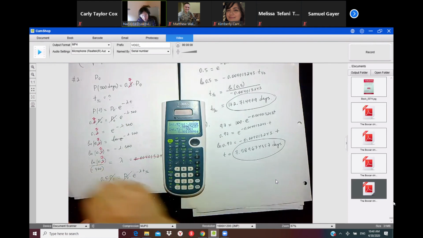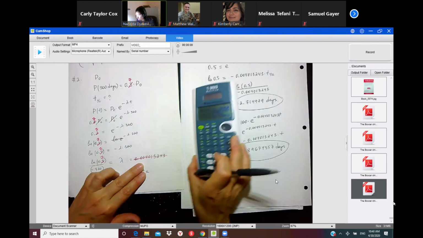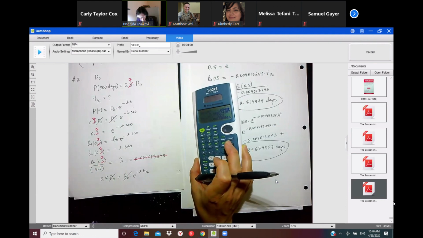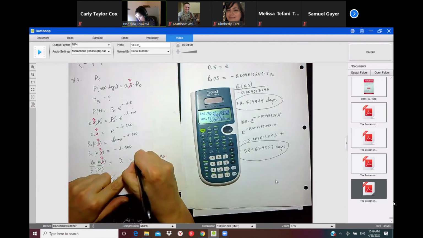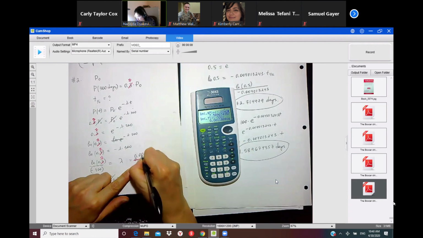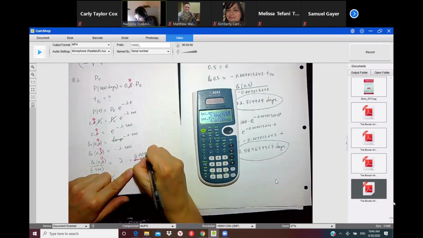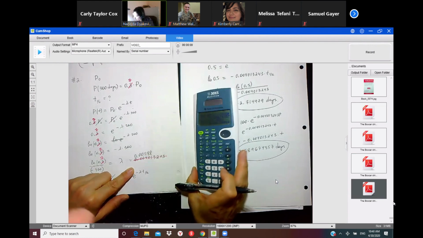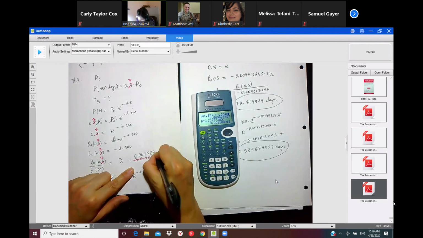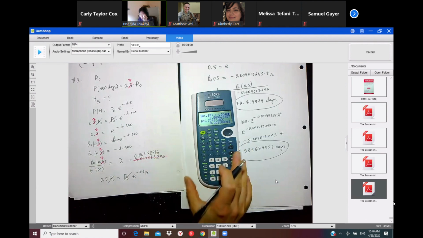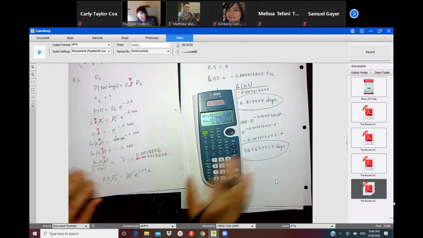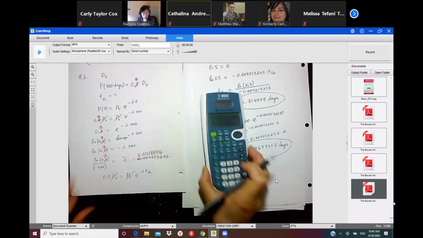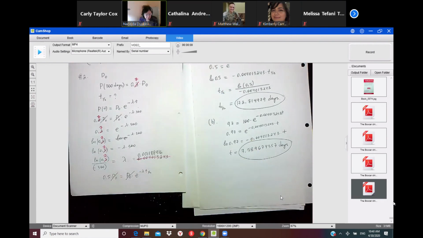And I'm getting a completely different lambda here. My lambda this time is 0.001188916. Does everybody follow here? Is everybody following? Yes. Thank you. So again, I apologize for the mistake.